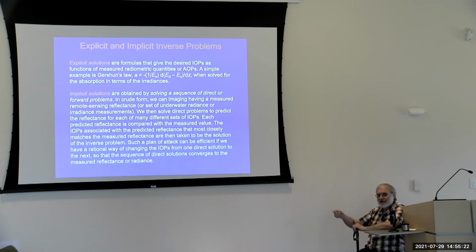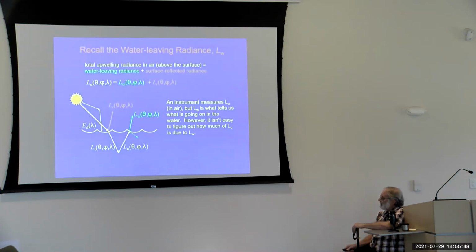So you correct the inputs again, run HydroLight again, and now it's a little bit closer. So you do a series of forward models with some intelligent way of changing the inputs from one run to the next and hope that converges and you finally get a solution that makes sense. So those are implicit models, or often just called iterative solutions.